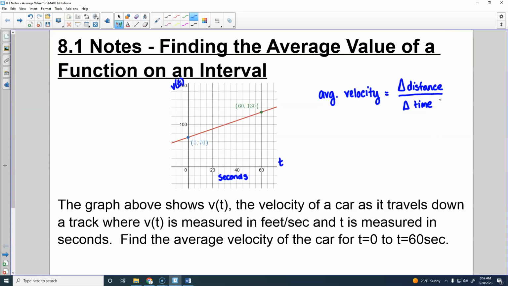So we know here what our time is, right? We know it's 60. How can I find the distance that this vehicle traveled? What do you think?